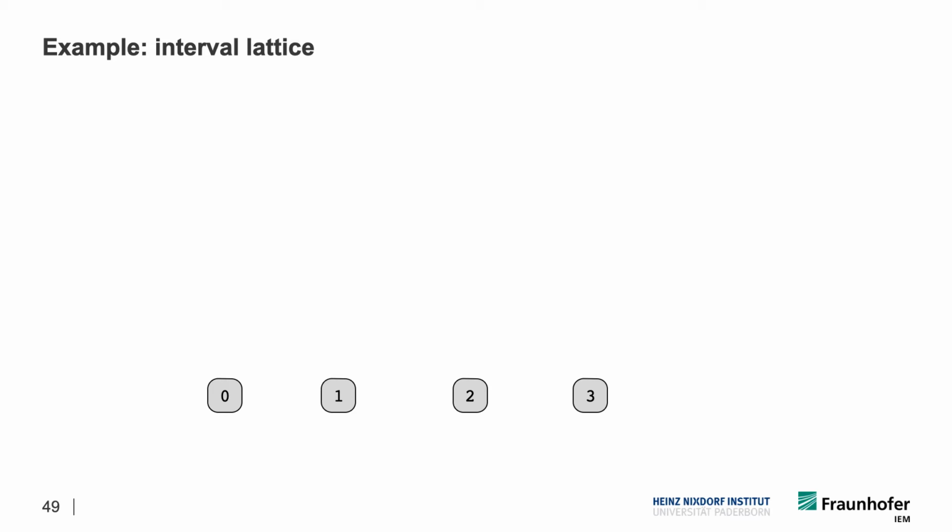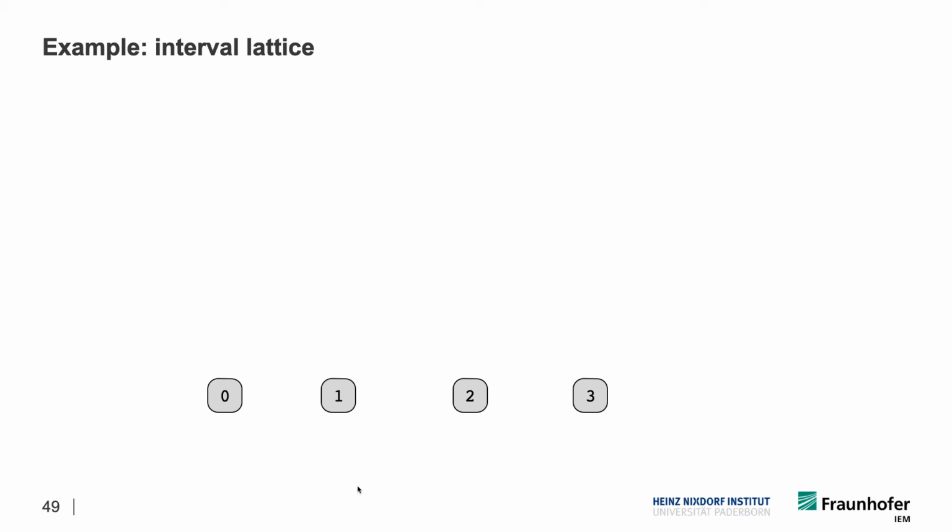So an interval lattice is basically representing numeric values by intervals. And let's assume at the beginning that we have only very simple intervals. So this is the interval only containing the natural number 0. And this is the interval only containing the natural number 1, for instance.